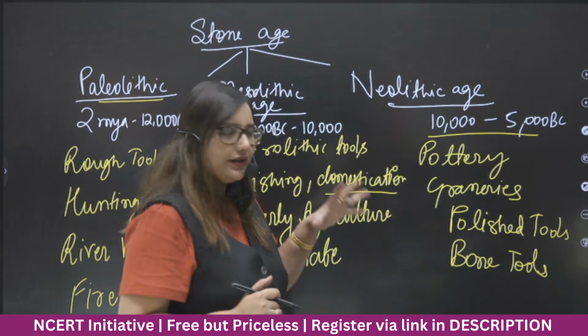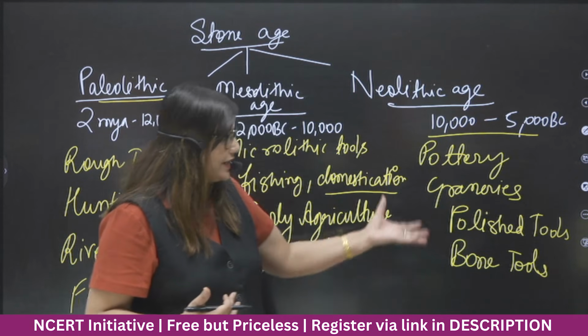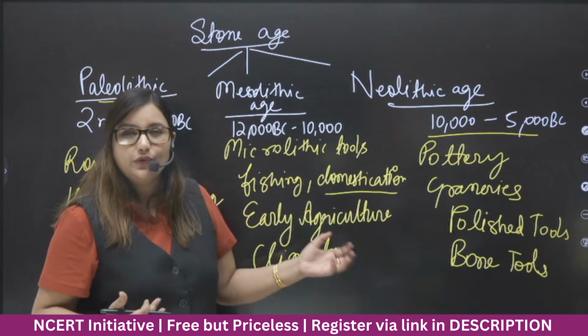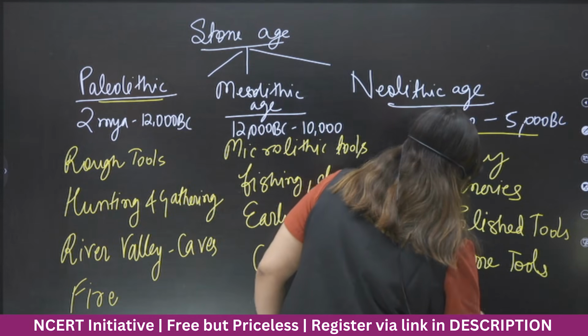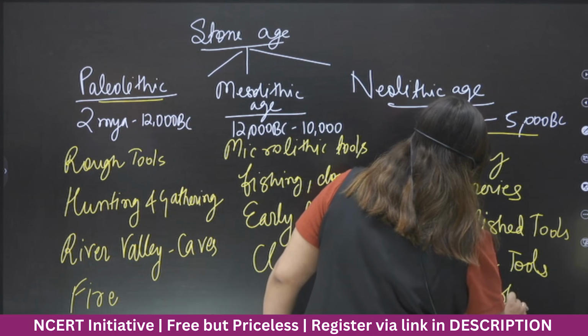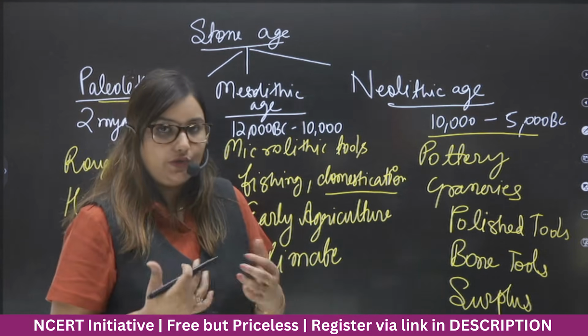And other developments were also there in the Neolithic age. So potteries, granaries, polished tools, bone tools, and the agricultural revolution, which shows surplus of agriculture, surplus of grains were there.